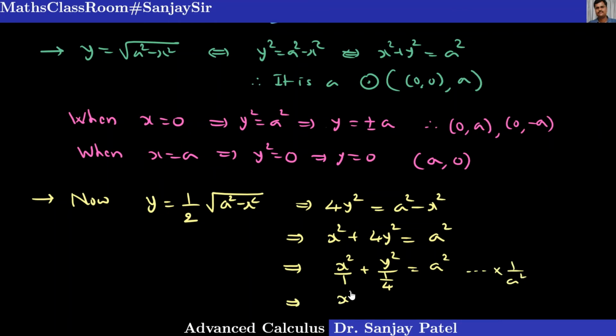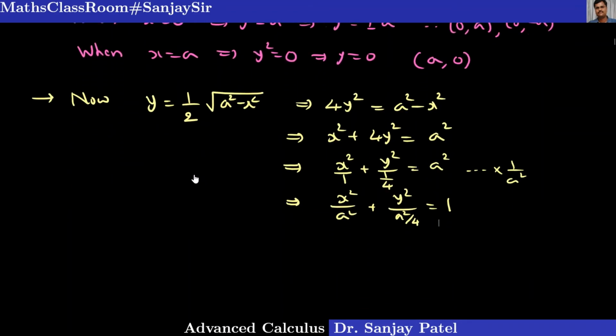So I will get x square upon a square plus y square upon a square by 4 is equal to 1. And what is this? Yes, you know it. It is an ellipse, with the semi-major axis a and the semi-minor axis a by 2.